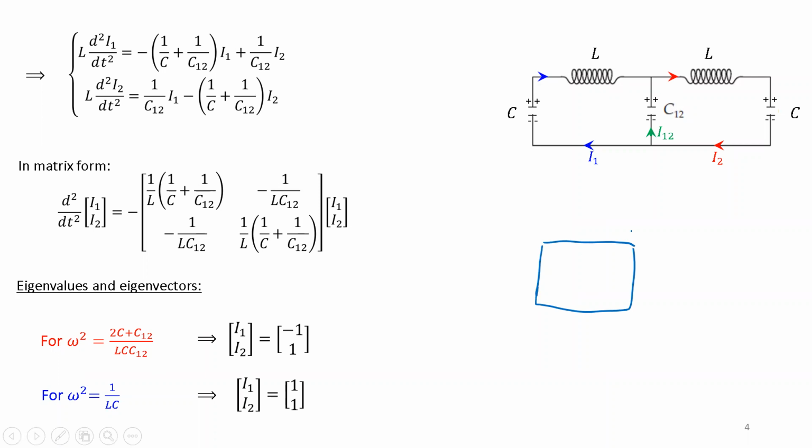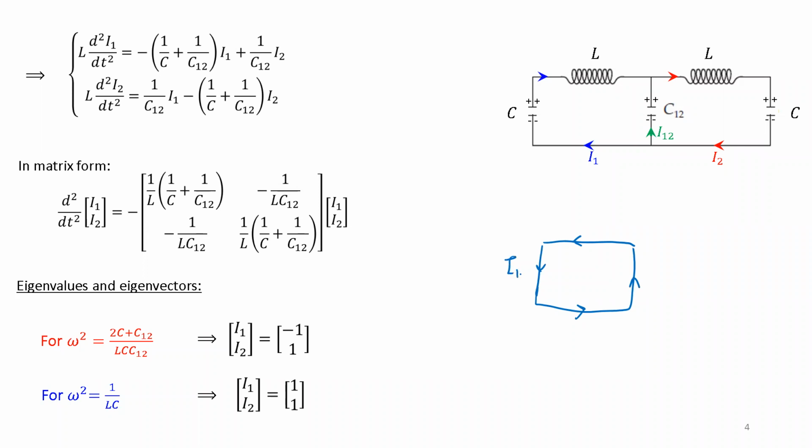Of course, we understand that the direction of the current will change sinusoidally. But at a particular moment, if I consider this I1 to take this negative value, then that means that I'm having a current like this.